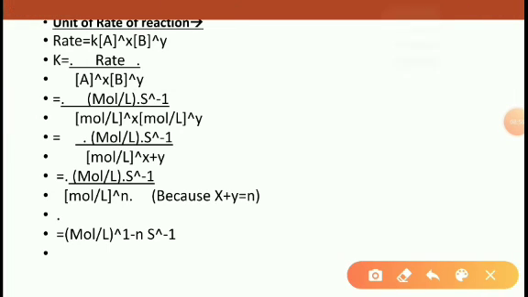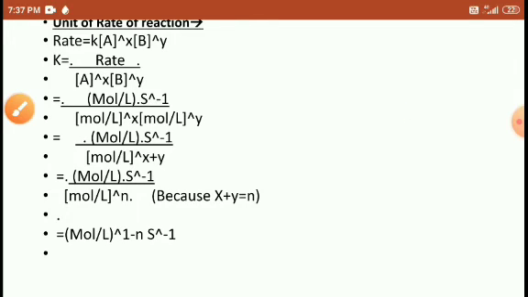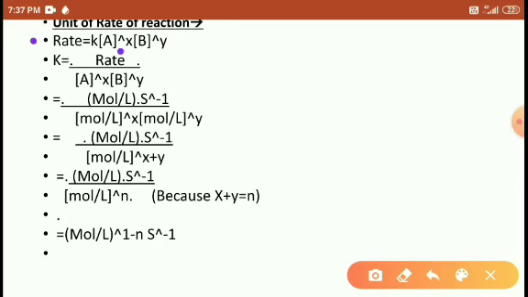So what is the rate, students? Next, what is the unit of the rate of reaction? Unit of rate of reaction, students. So rate equals K times the concentration of A to the power x, concentration of B to the power y. Then K is outside, rate divided by concentration of A to the power x, concentration of B to the power y.